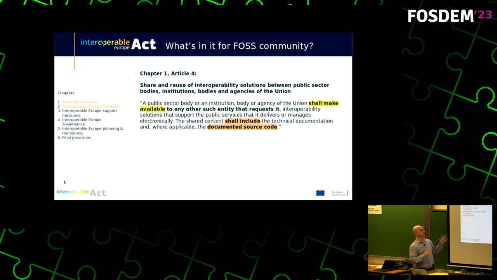Their definition, or the way they describe this, is that the solutions, which will generally mean software, shall be made available to any such entity that requests it and shall include documented source code.